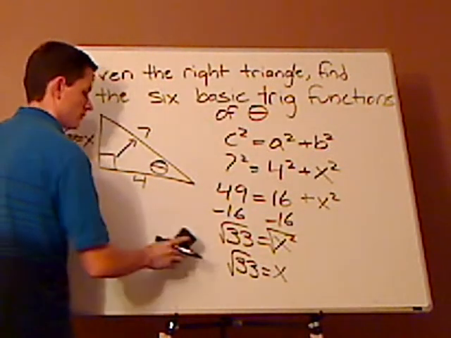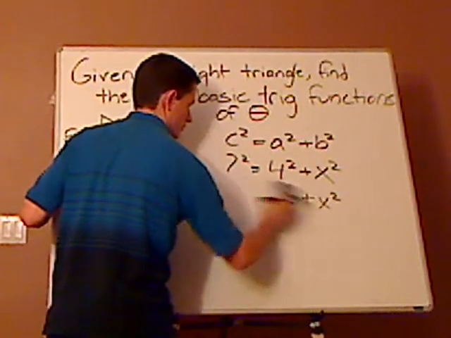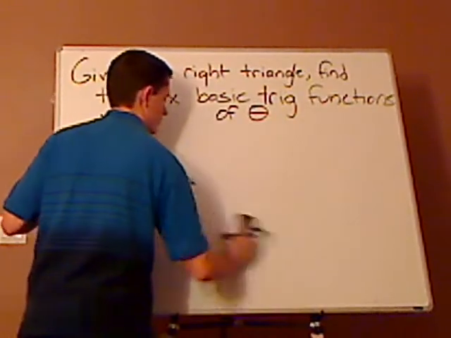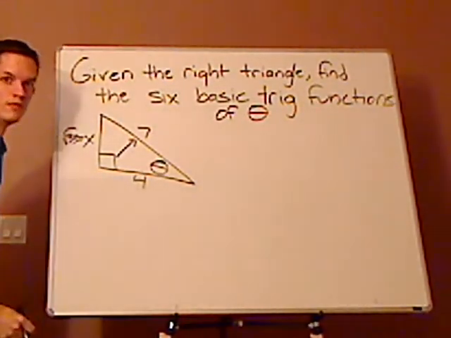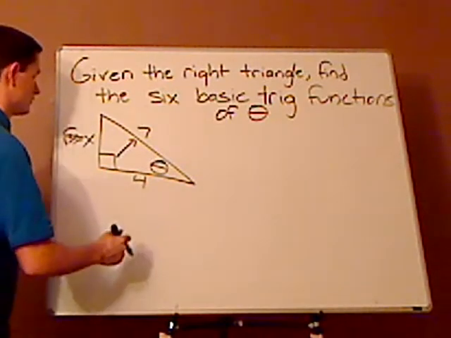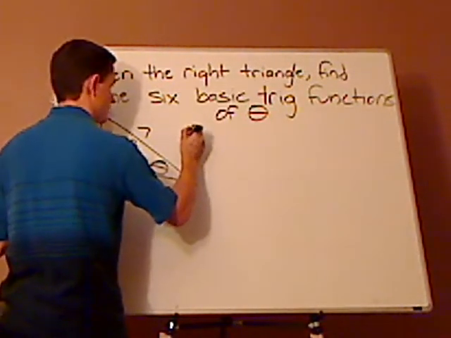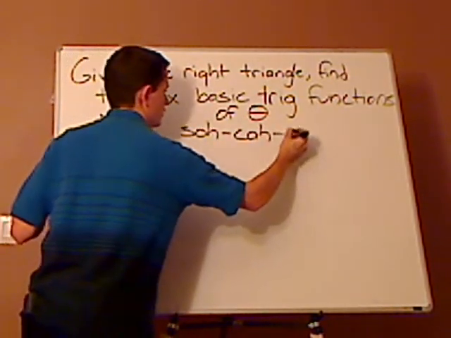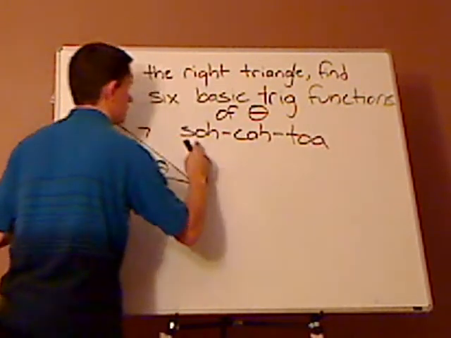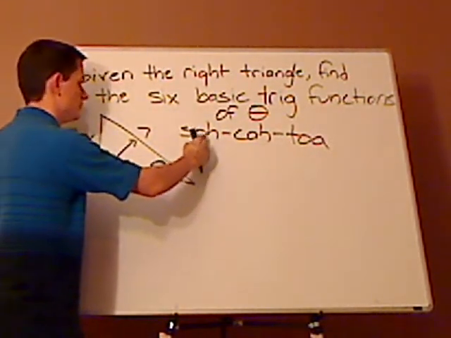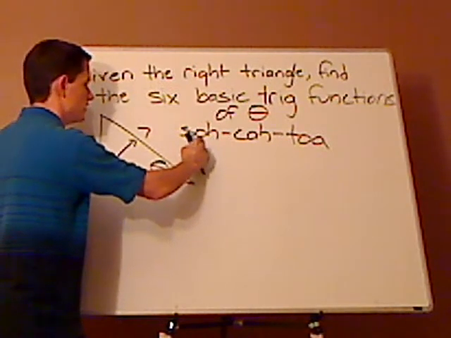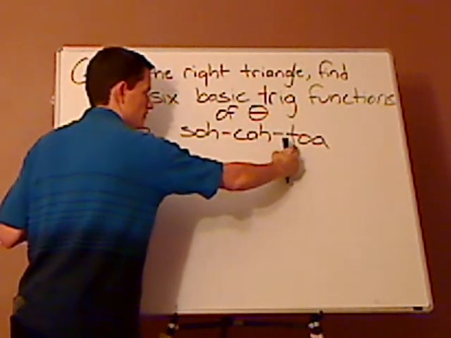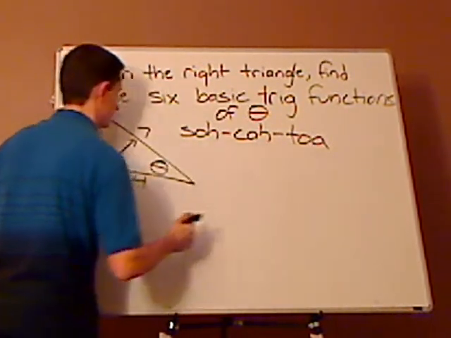So I'm going to erase this so I have room for the 6 basic trig functions. Alright, next you want to do is just simply write out the trig functions. So, SOH CAH TOA, which means sine of theta is opposite over hypotenuse, cosine is adjacent over hypotenuse, and tangent is opposite over adjacent.